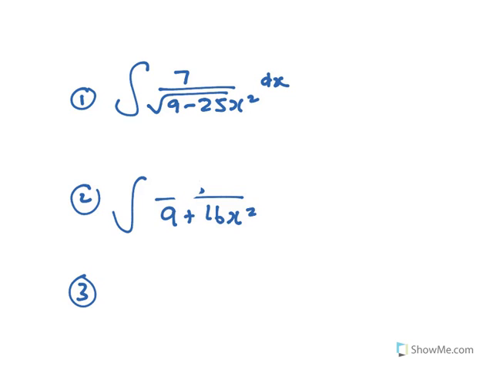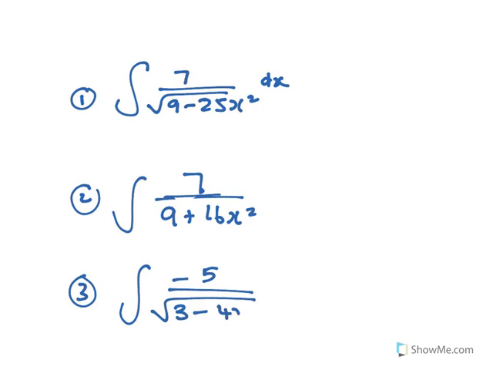Might actually take the 3 off and make it something else that's really unrelated. We'll do 7 again. And then the integral of minus 5 over the square root of 3 minus 4x squared dx. Okay, so looking at the first one, the first thing you do is you pull the 7 out.